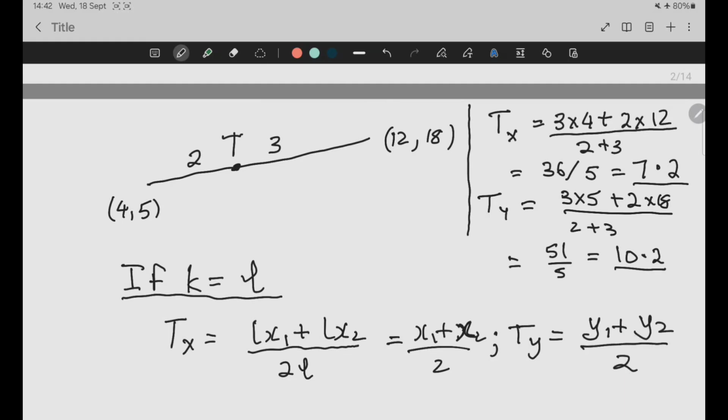So that's to find the midpoint of a line segment. You just take the average of the coordinates, and that's it.